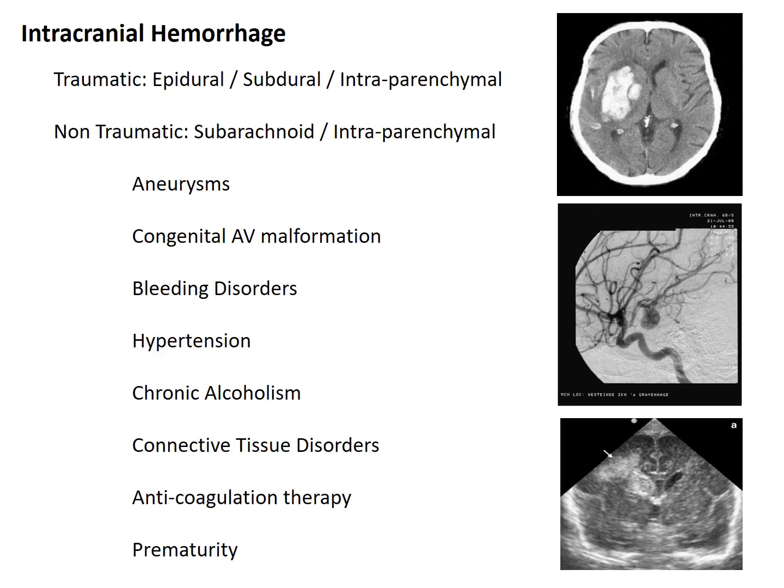And then the ultrasound shows an intraventricular hemorrhage. The white arrow is showing you the hemorrhage in and around the ventricle of that small preterm infant. And that ultrasound was obtained by doing an ultrasound through the open anterior fontanelle of the skull.